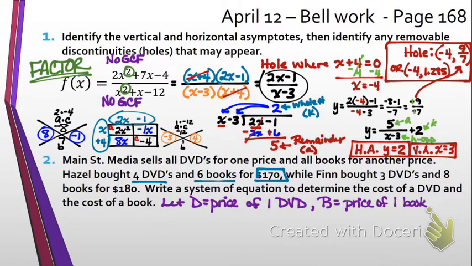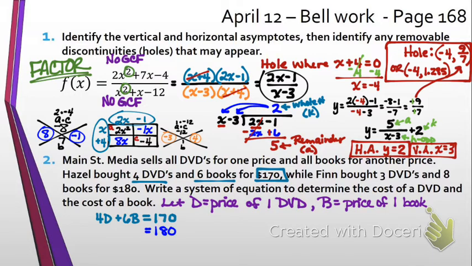So we have this total, so equals 170. How would I represent 4 DVDs and 6 books? 4D plus 6B is equal to 170. What was the other total? 180.